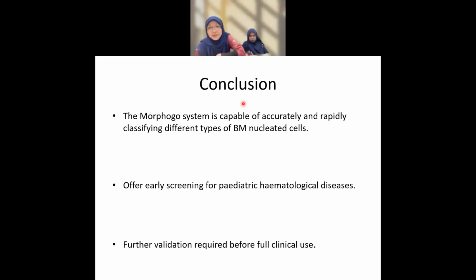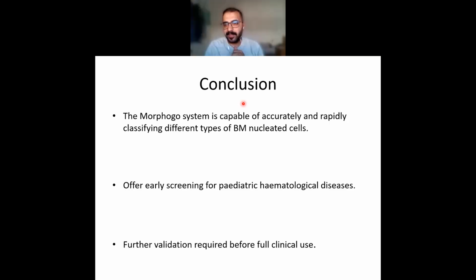But you are using a different method. So do you think you can use this? Because this is CNN. If we decide that, we will need to know the training data set that Morphogo was trained on. We would give it data on acute myeloid leukemia with the same cells and train on it.